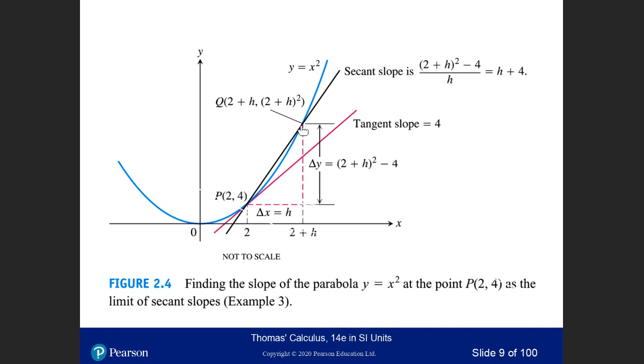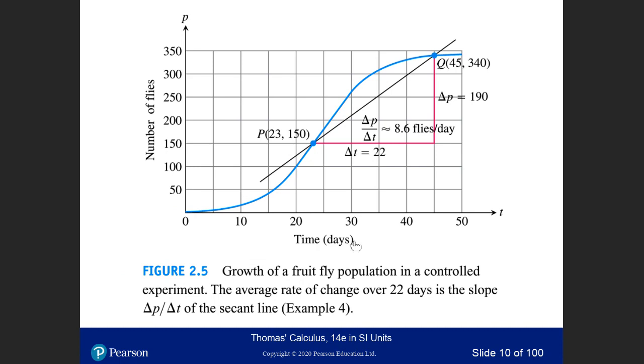Okay. Let's continue. Here's another one. That plotted curve shows the growth of a fruit fly population in a controlled experiment. Again you have 2 points here, P and Q. P has coordinates 23, 150. Here the axis is t, and that axis is the number of fruit flies.